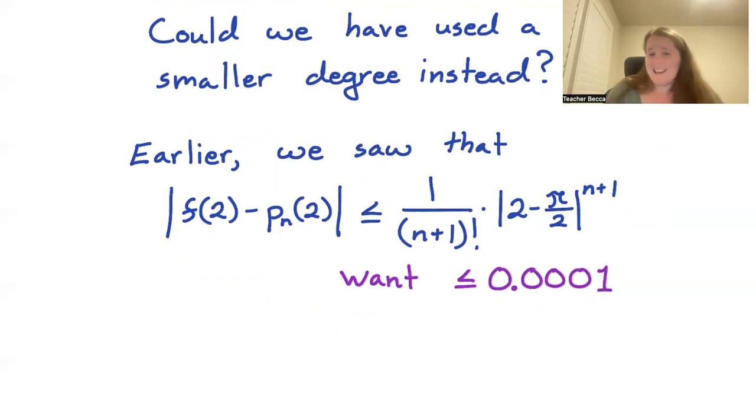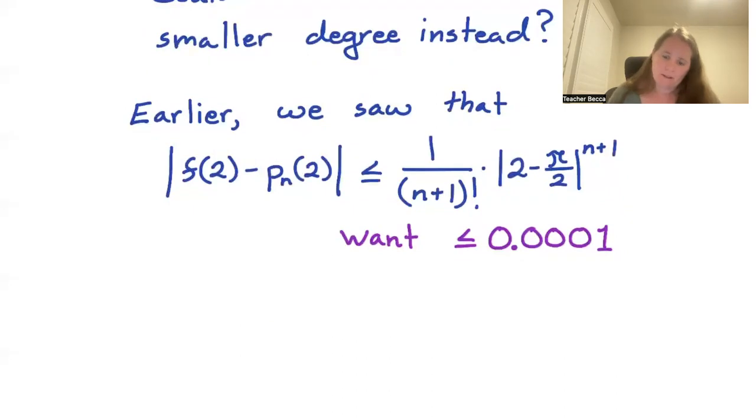In this case, it's definitely not something that's easy to solve for n. We just do guess and check until we find the smallest n that satisfies this.